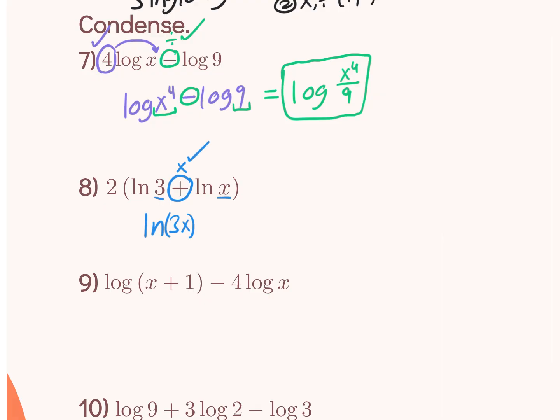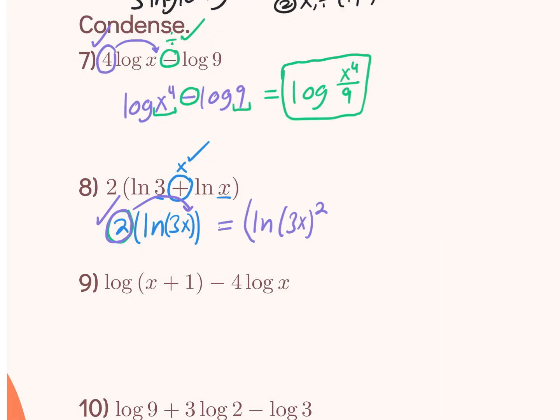Check. All right? So then you now have a 2 on the outside. Now this 2 has to go over the entire thing. All right, let me use a different color. This 2 has to go over the entire thing. So this is going to become ln of 3x to the second. Check. We took care of that exponent. Now this is fully condensed.